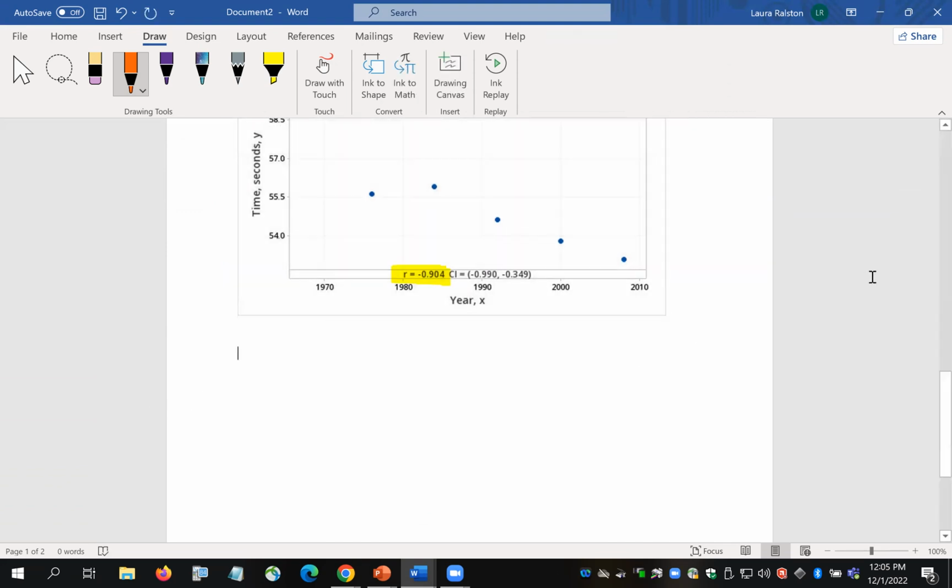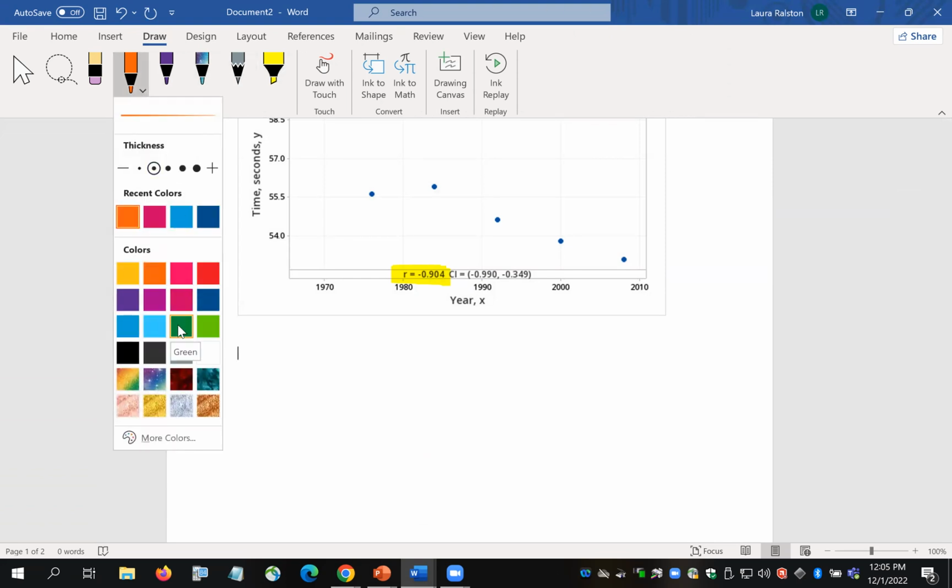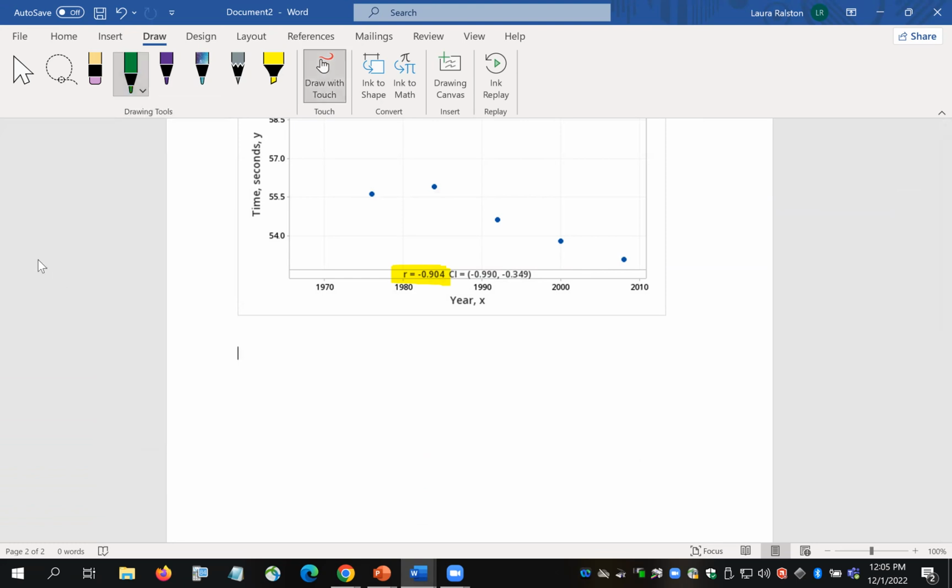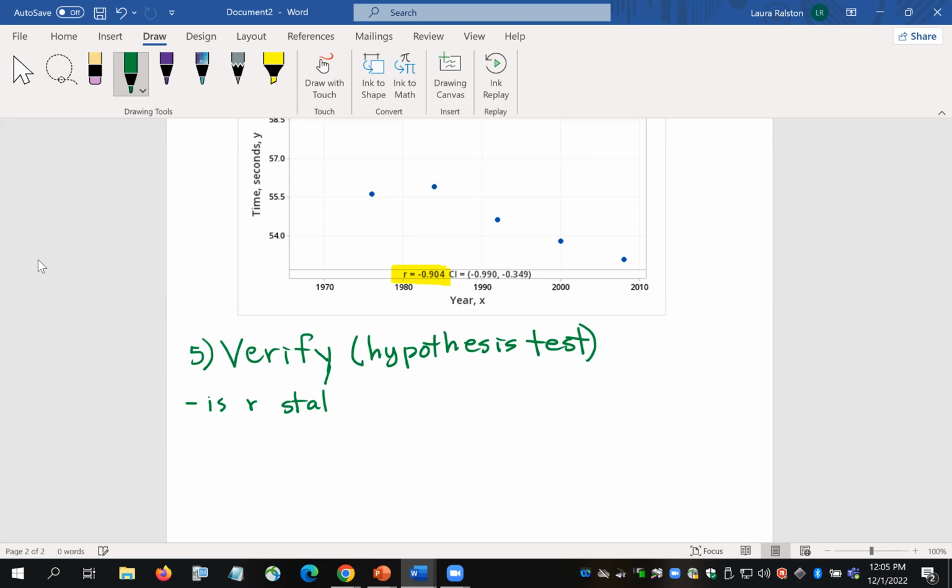Okay, but again, we don't get to rely on our gut to say, yeah, that's what we think. We have to move on to step 5, which is to verify. And we're going to verify by doing a hypothesis test on R. And the question is: is R statistically significant?